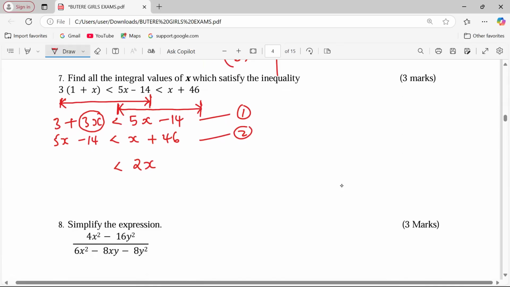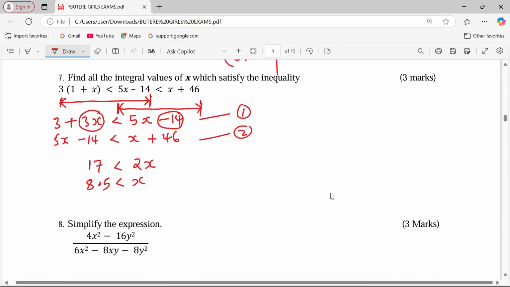Then 14 should be added to the right because it's a negative. When taken to the left, it should be added. So 3 plus 14 is going to give us exactly 17. So to remain with x, we divide 17 by 2, giving us 8.5.